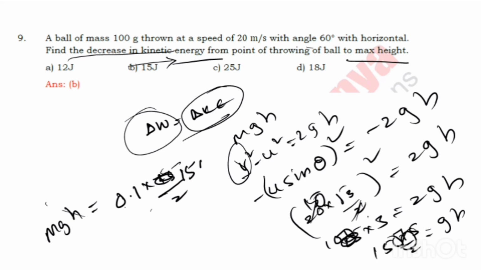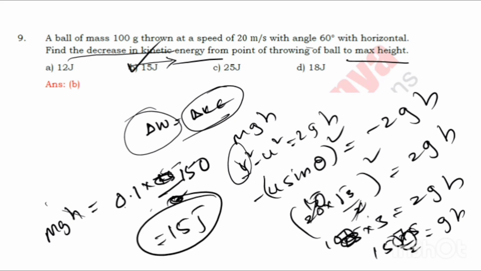So gh is equal to 150, mgh is equal to 15 joules, right? This is the answer, right?